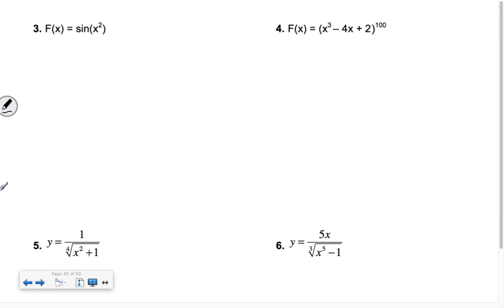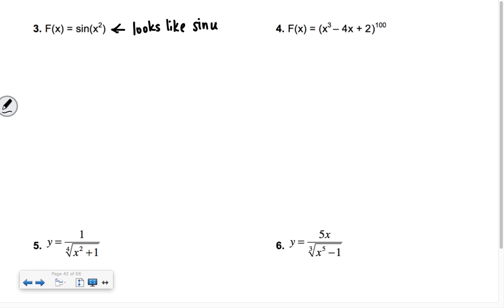All right, so number 3. This looks almost identical. When I read it, I say sine of x squared, but not sine of x in parentheses all being squared. Do you guys see how this is different? So what's the u in this one? X squared. So we're thinking of this as sine of u. Well, how do I take the derivative of sine of u?